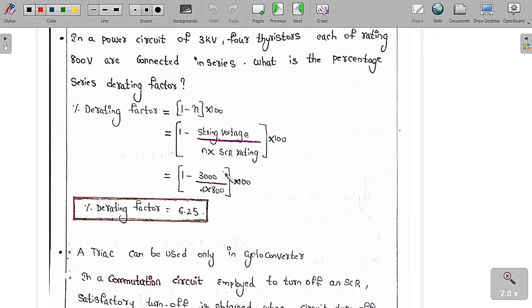So 1 minus the overall string voltage, 3 kV means 3000, divided by the number of thyristors we are going to use, which is 4, into the SCR rating of 800 volt. If we solve this, we get the percentage of derating factor as 6.25.